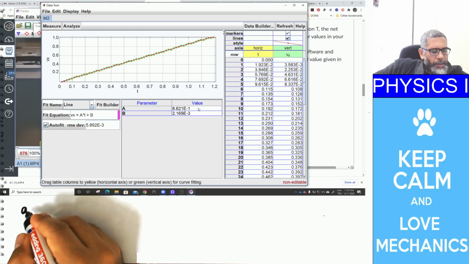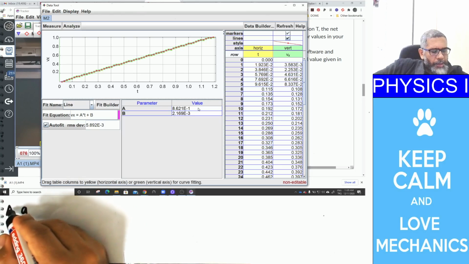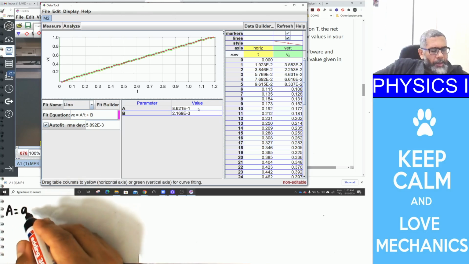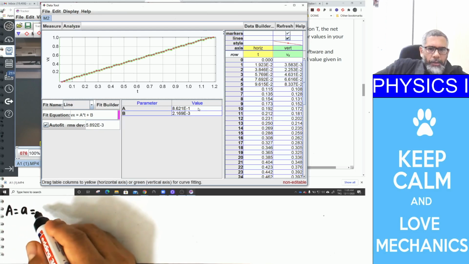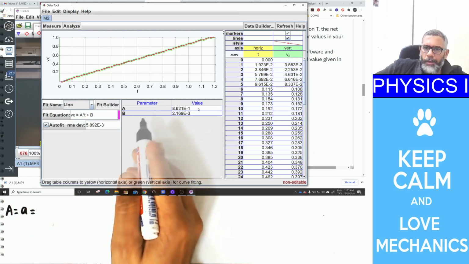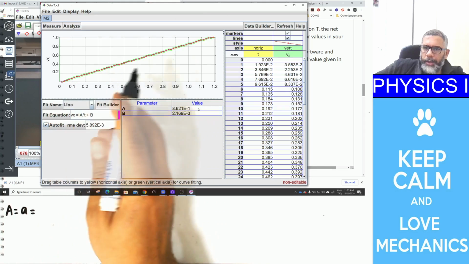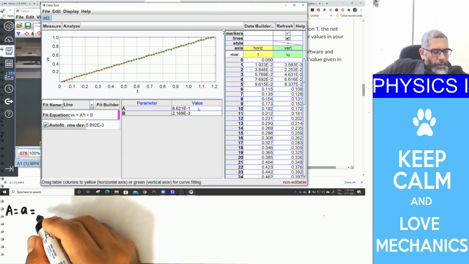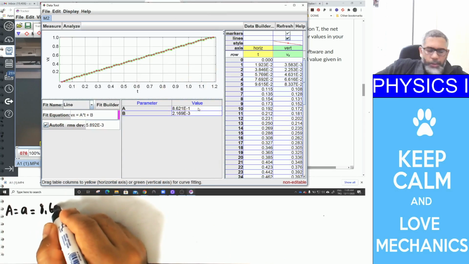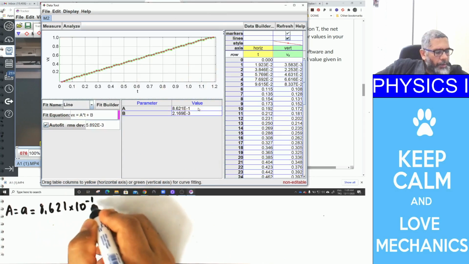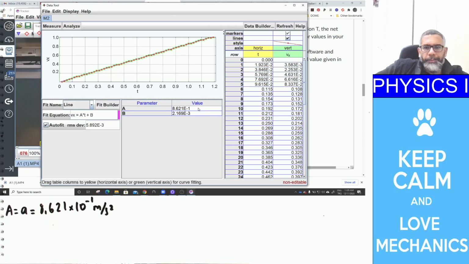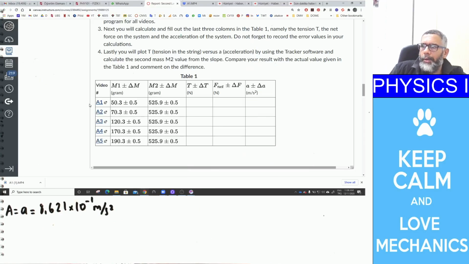On the tracker it is the parameter capital A, but in our case this is the small a, the acceleration of the car, and tracker calculated it by producing this best straight line and calculating its slope to be 8.621 times 10 to the minus 1 meters per second squared. That's it. This is your acceleration for the first row.